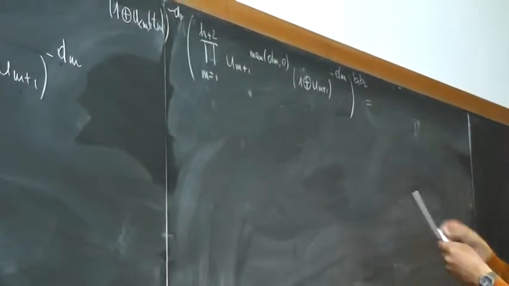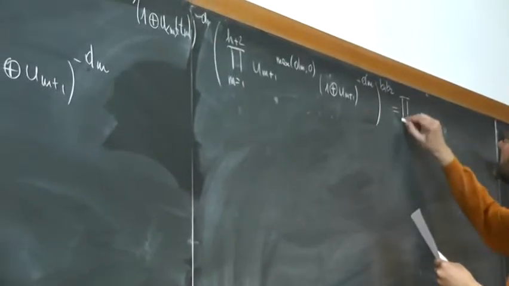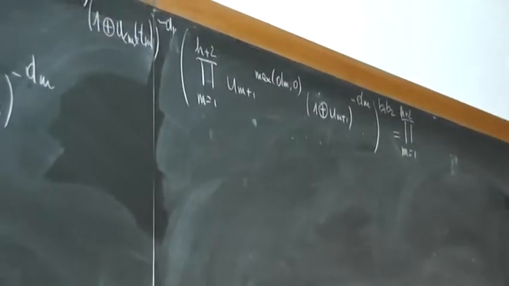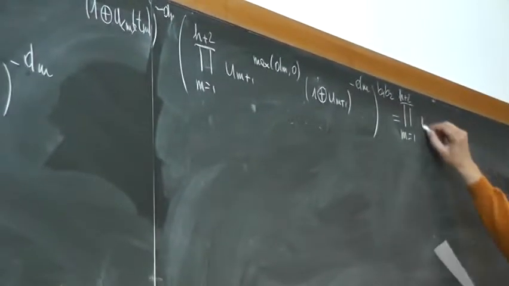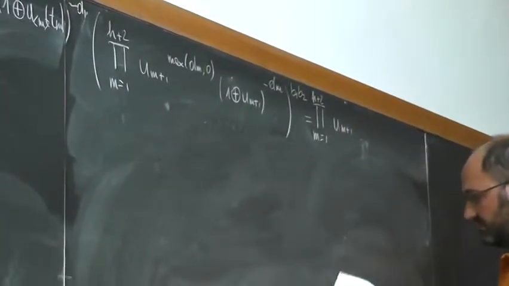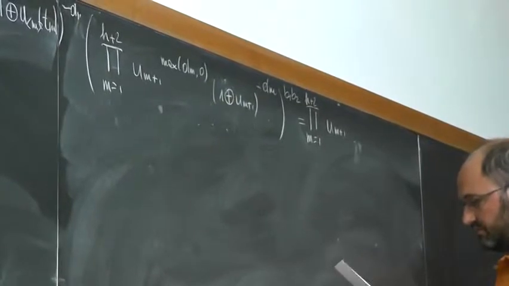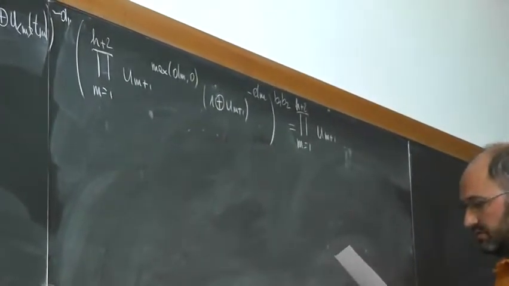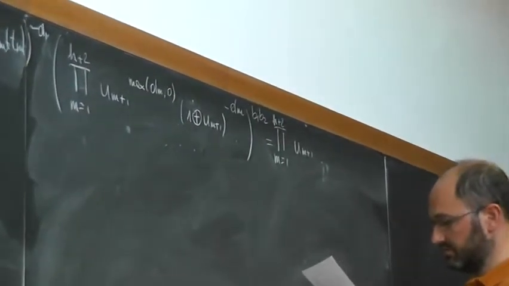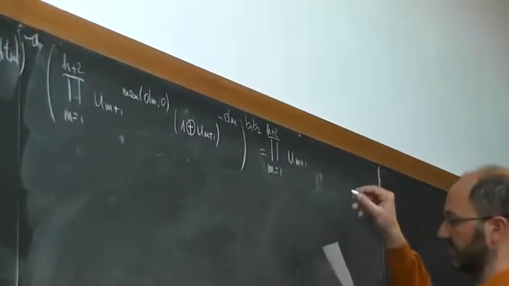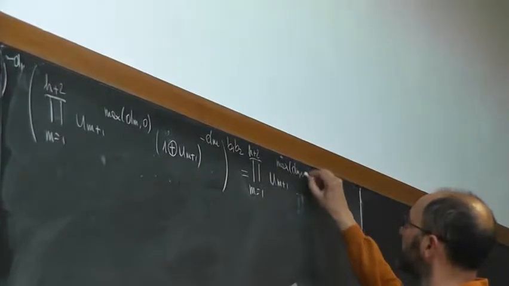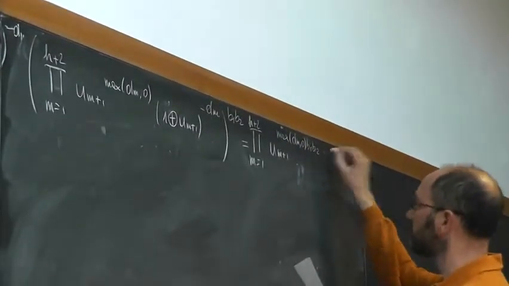So let's see what we have. Product n from 1 to h plus 2 of u n plus 1 to the maximum between bn 0 times b1 b2.